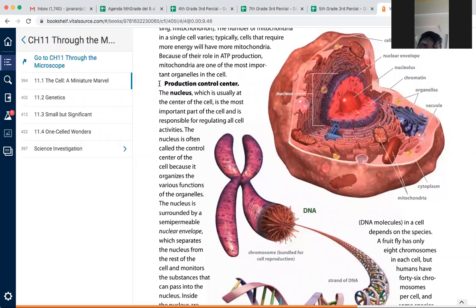The Control Center. The nucleus, which is usually at the center of the cell, is the most important part of the cell and is responsible for regulating all cell activities. The nucleus is often called the control center of the cell because it organizes the various functions of the organelles.